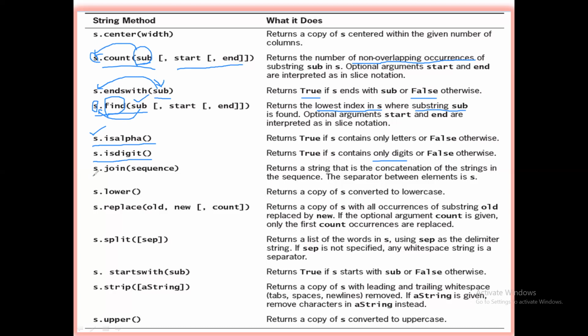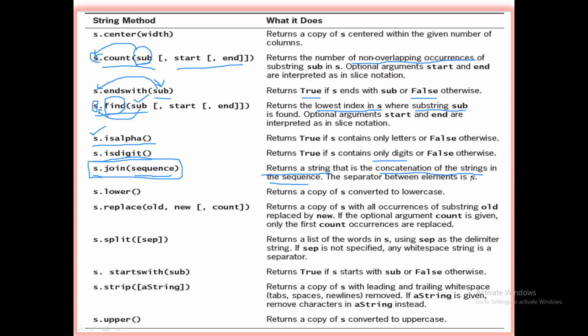The next method is very important while solving real-time problems. It is the join method. It takes a sequence of substrings and joins them, that means concatenates them and returns the final string. Okay. So this is how it works. It returns a string which is a result of concatenation of the substrings mentioned in the sequence.